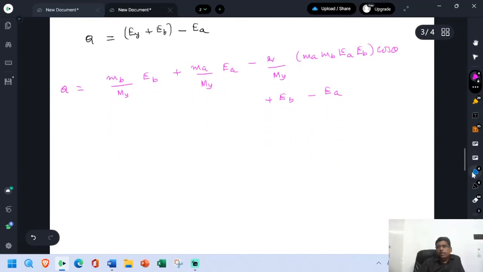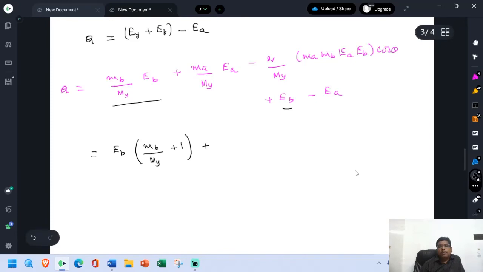Now we have to simplify this. This is equal to Eb into (Mb by My plus 1), just combining these two terms, plus, taking Ea outside, Ea into (Ma by My minus 1).